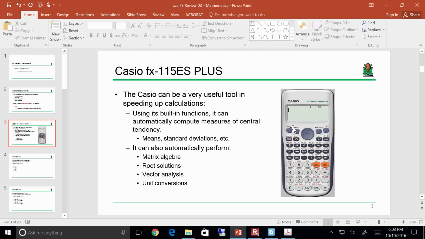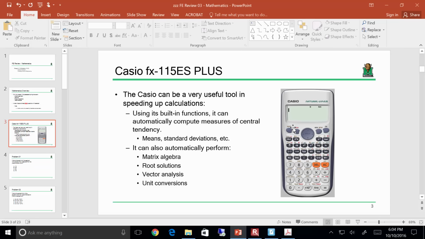Now, for our Engineering 111 computations course, we tend to hammer on the Casio FX115, so that's the one I have here on this slide, but I have that there solely because that's the one we use here at Marshall. But I got a whole host of other calculators over here. I've got Casios, I've got TIs, I've even got RPN and HP calculators. As long as it's on the list, you can use anything.